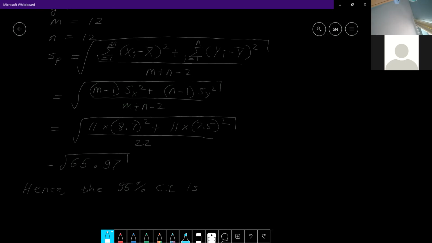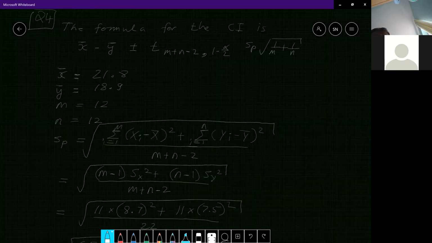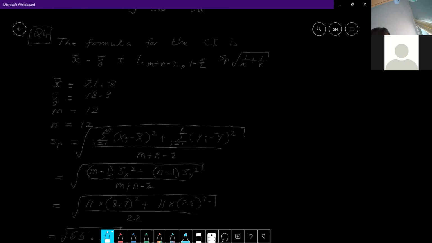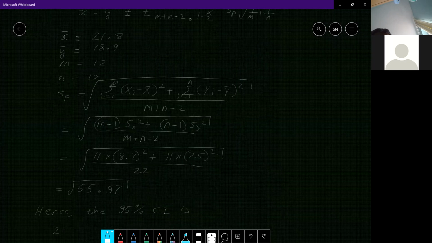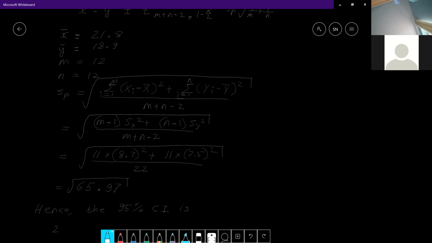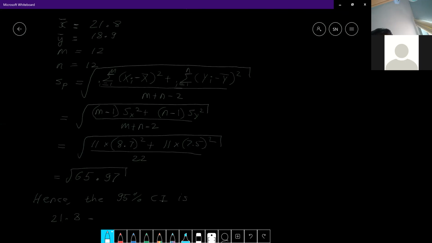I'm just copying the formula from above, which is this formula here. Okay. And so X bar minus Y bar. X bar is 21.8 minus Y bar, which is 18.9.